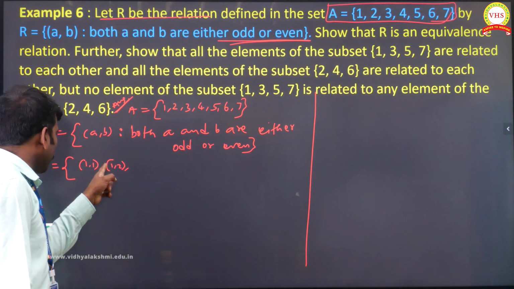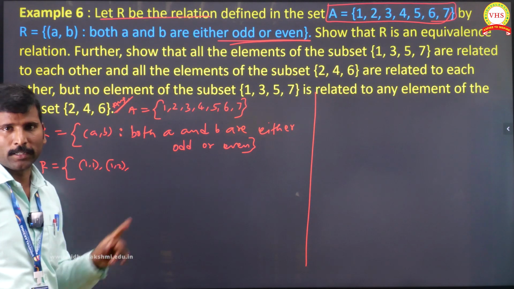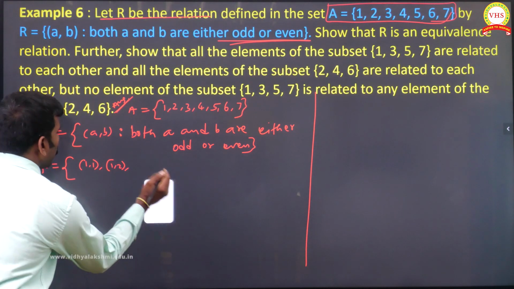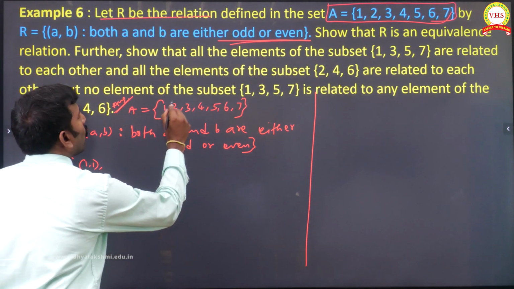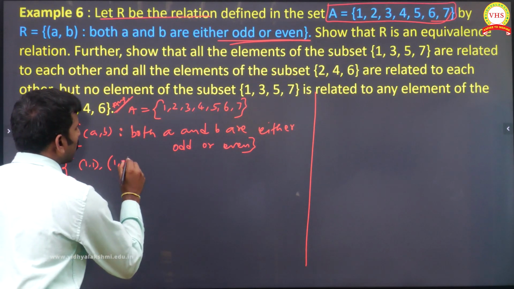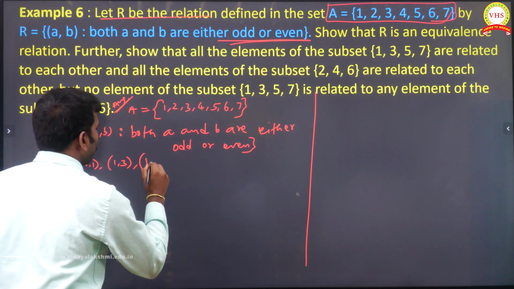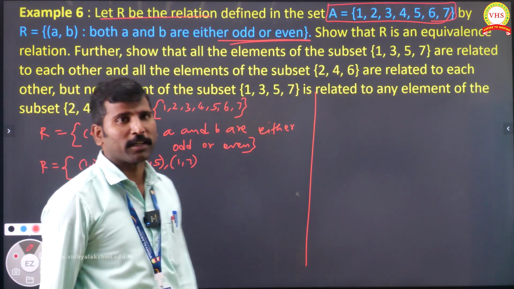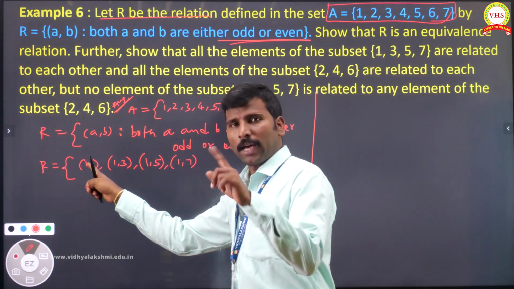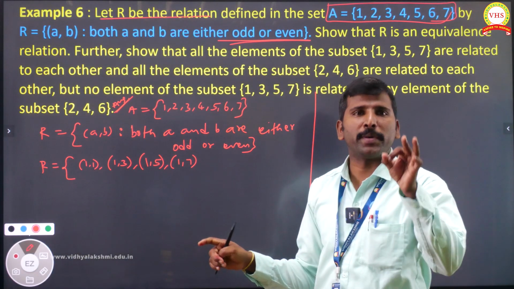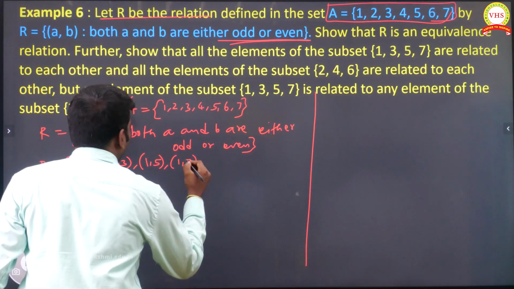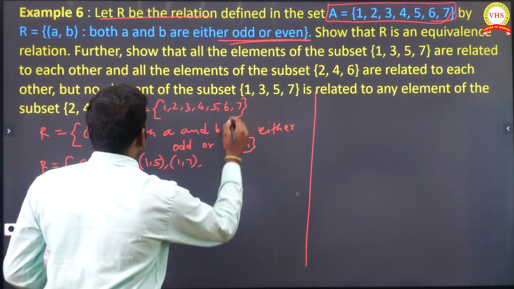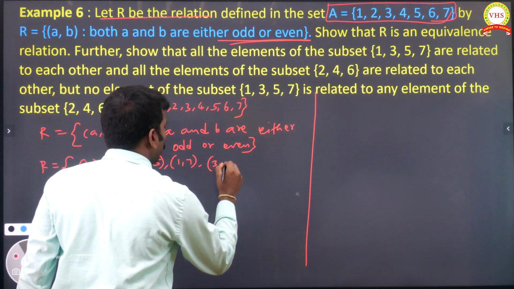So 1, 2 will not be in R, and you have to remove it. Then 1 should go only with odd numbers: 1, 3, 1, 5, then 1, 7. That is the meaning I am telling. If the first number is odd, the second number also should be odd.